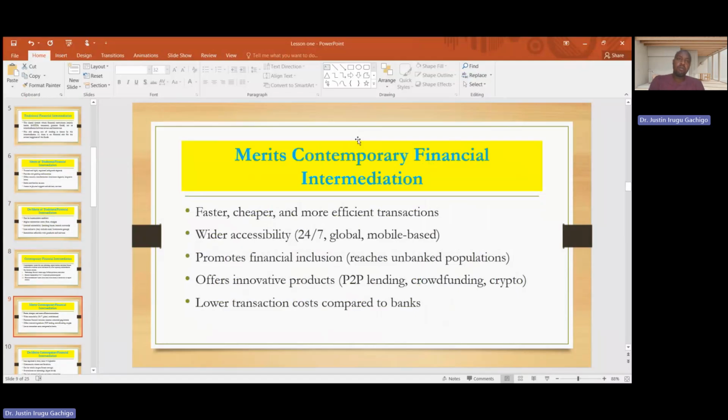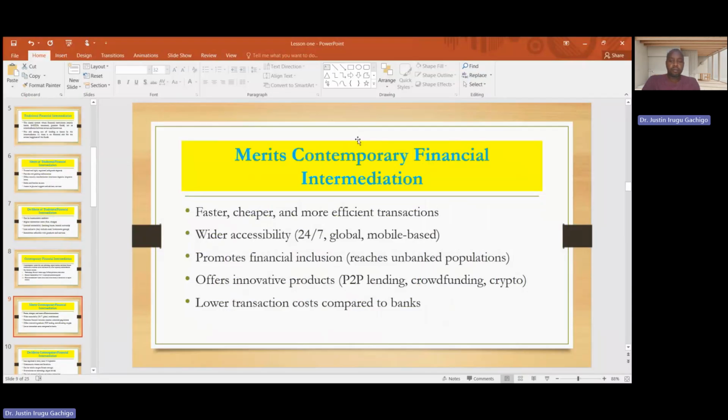There are quite a number of people in Kenya who don't have a bank account, but because of this revolution in the financial market, these people are able to access banking products. Offer innovative products, that is P2P lending, crowdfunding, and crypto.